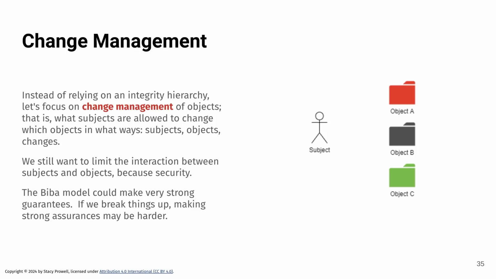We still want to limit the interaction, right? We still don't want you reading secret stuff, but we can perhaps define your relationship to object A and object B and object C in different ways, and maybe even give you a little control over that.